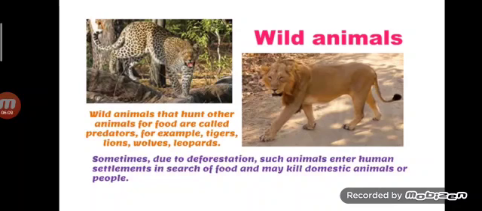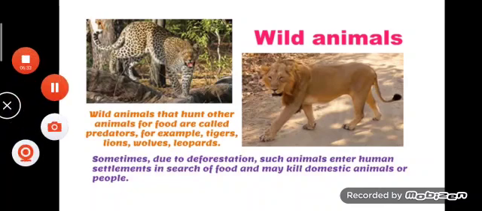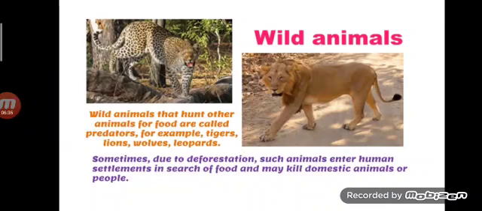Now, sometimes what happens due to deforestation, that is, if the jungles, forests are cut off or made use for buildings, putting up factories, and all that. So, jungles and forests are cut down. So, all these wild animals in search of food come towards the human settlements because there are buildings built just outside the jungle.